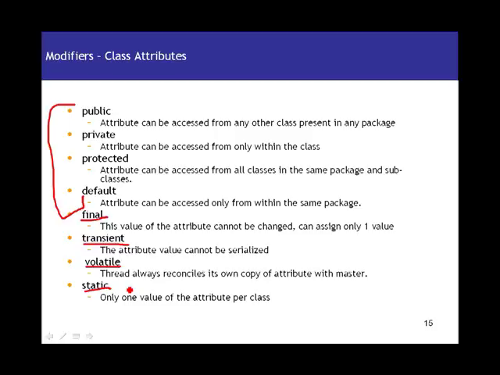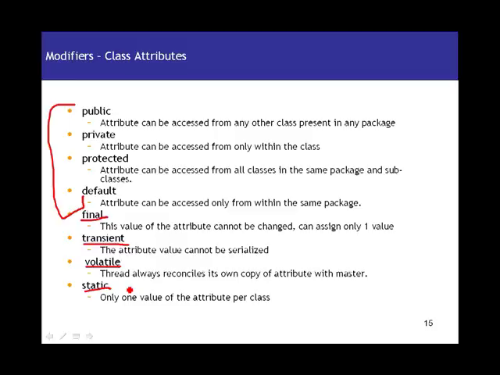So that means there is only one value of the attribute for the whole class. No matter how many objects you create, there is only one value for this particular attribute which you define as static. And one more thing is, when you define a static attribute, you don't really have to create an instance of the class. You can directly access it using the class name. So you just say employee dot department. You don't have to create an instance and access it.